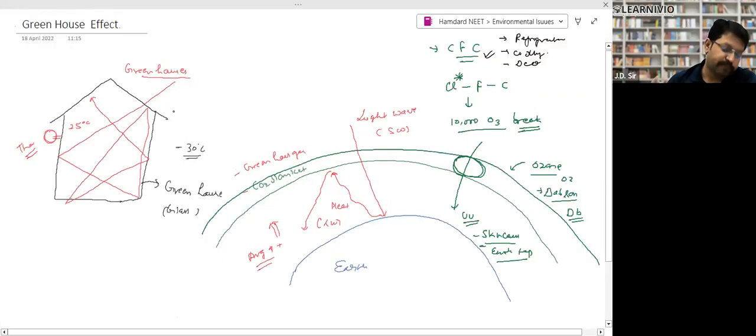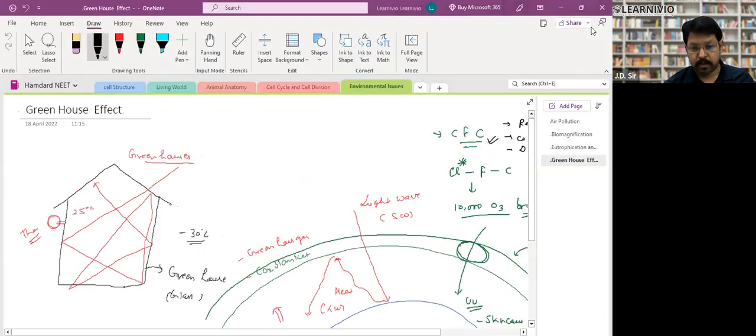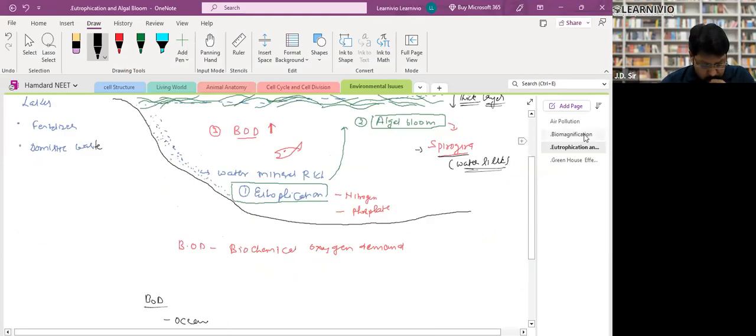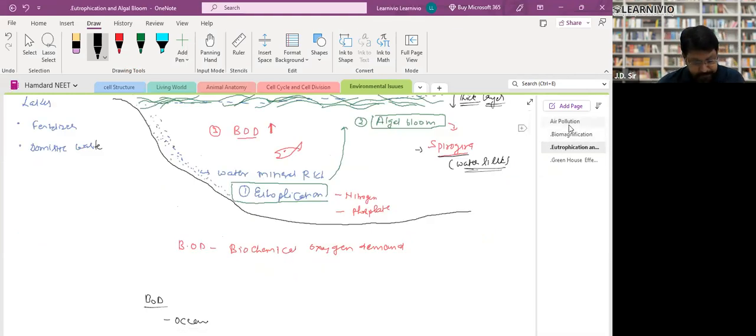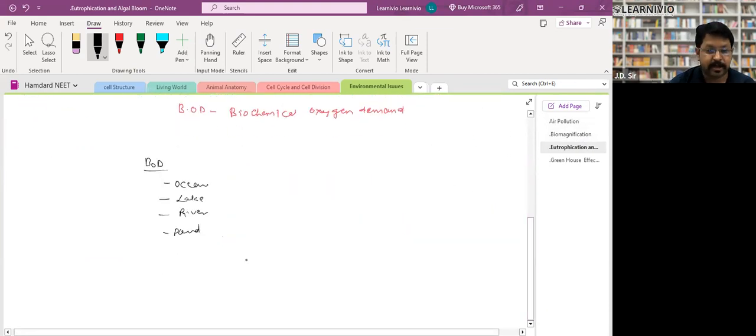What is the greenhouse effect? Very simple. One more thing, there are certain aquatic weeds which increase the BOD. So what is the name of those weeds? I have already discussed that.